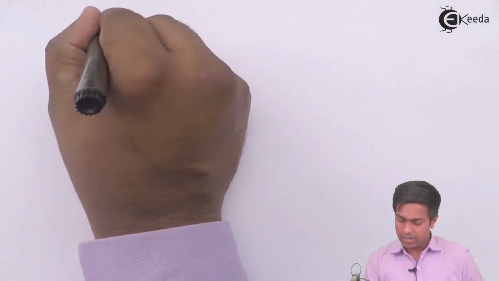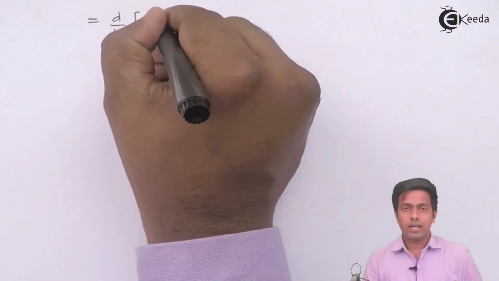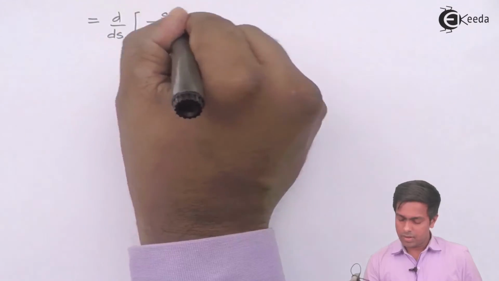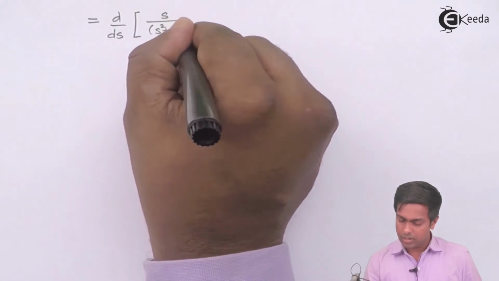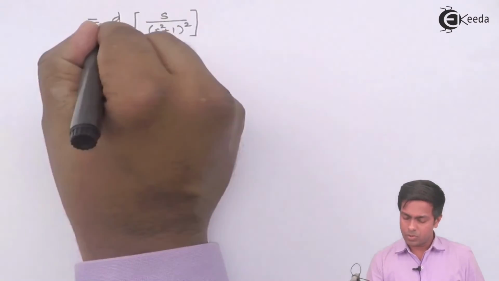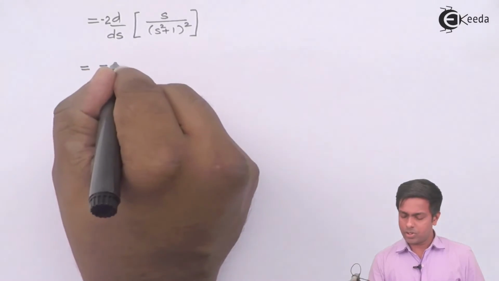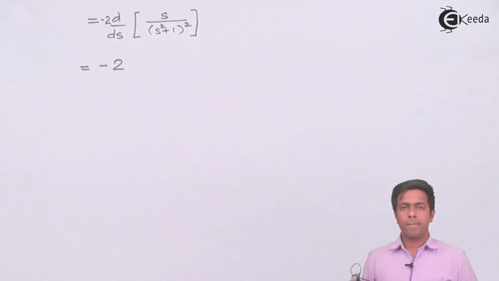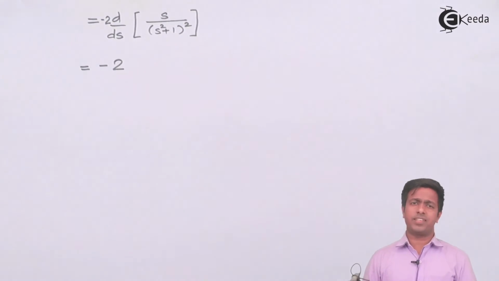Next this will become minus 1 into 2s, so I'll take this minus 2 outside. So here we will get d by ds of s upon (s square plus 1) the whole square, and let's take that minus 2 outside. Now to find the derivative of this, here in the numerator and denominator we have s terms, so I'm going to use the u upon v rule.